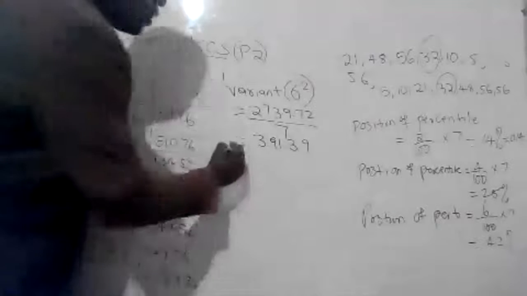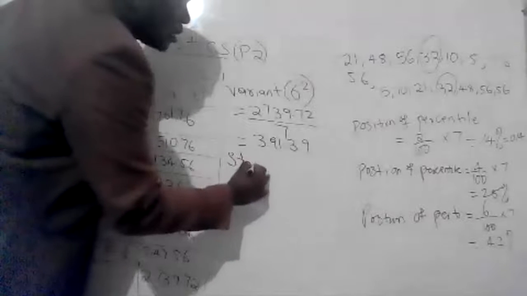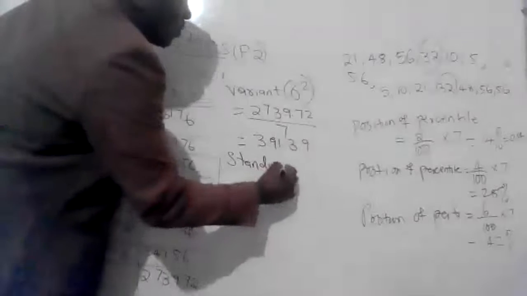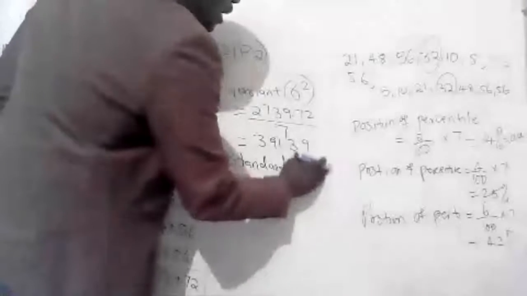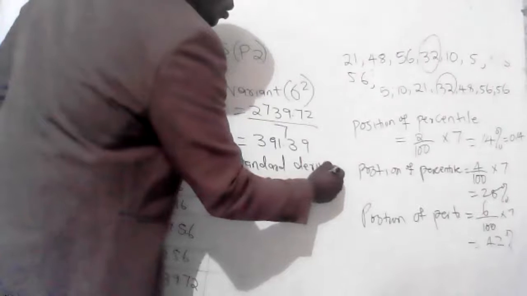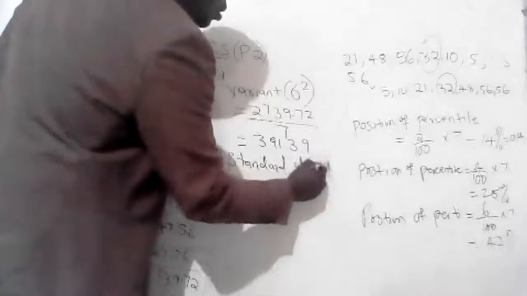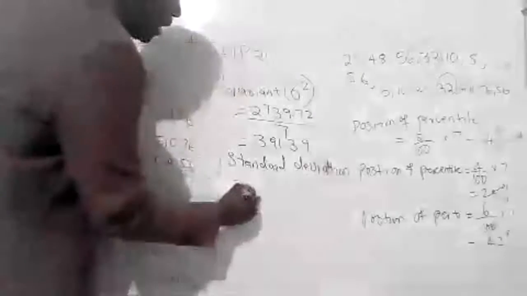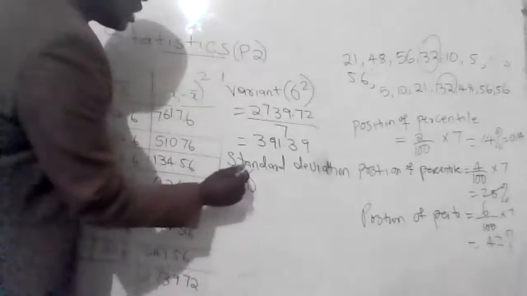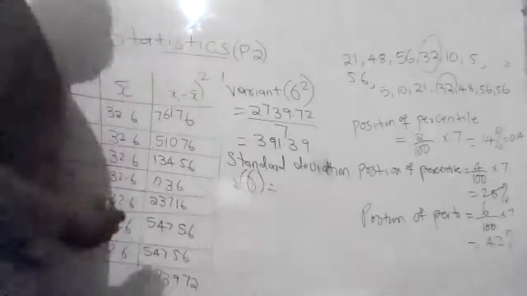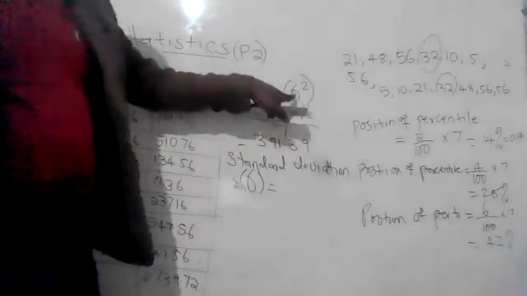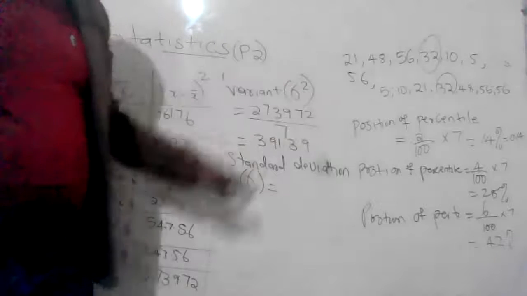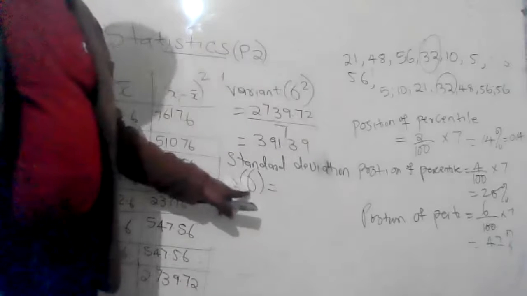Then now, the king master of all these is what is called the standard deviation. So the standard deviation is simply represented by sigma. So remember, the variance I said is sigma squared, right? And then the standard deviation I said is what?